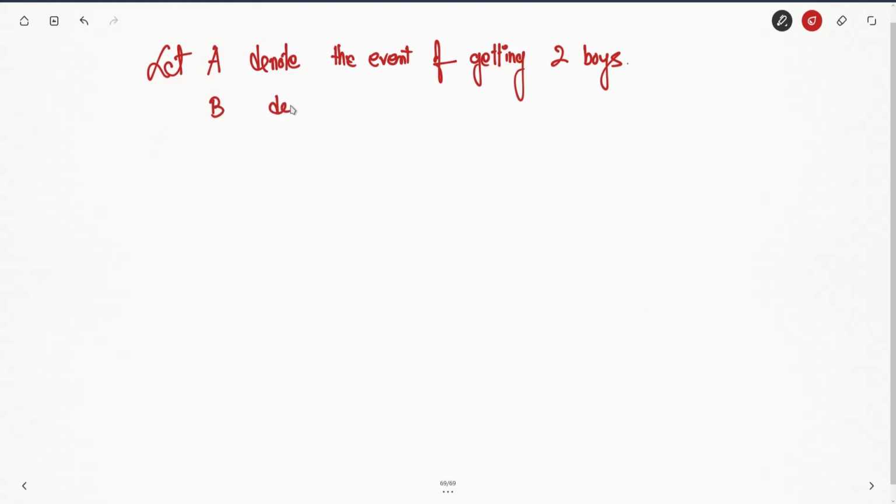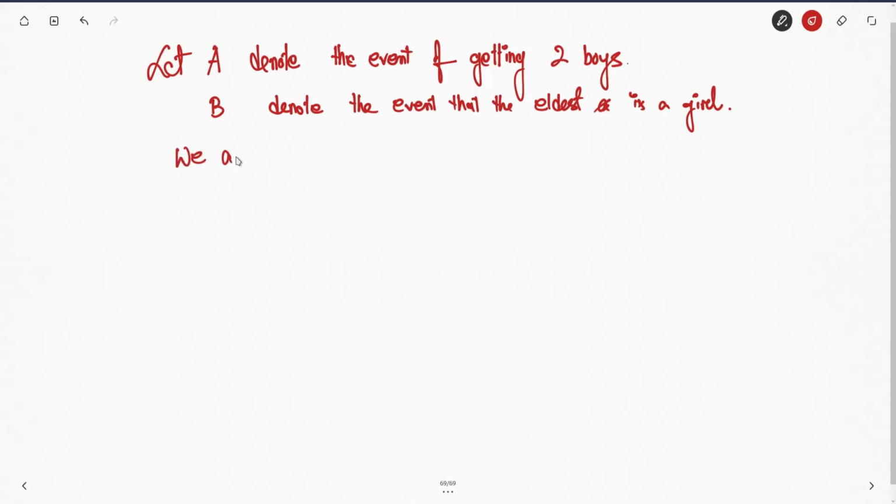B denotes the event that the eldest is a girl, right? So we have two events, we have denoted that. Now we are interested in finding out the probability of getting two boys given that the eldest is a girl, right?